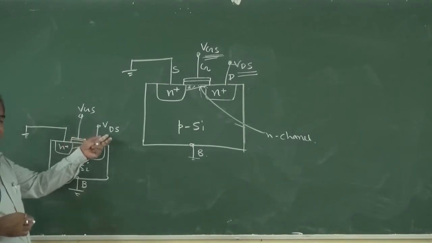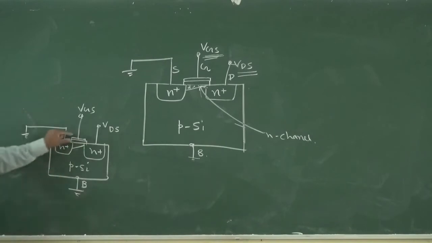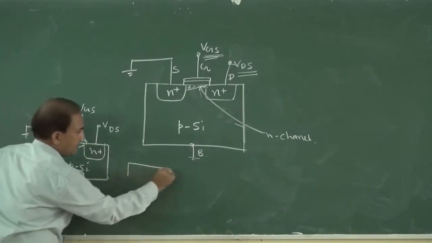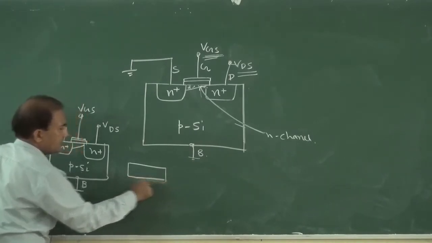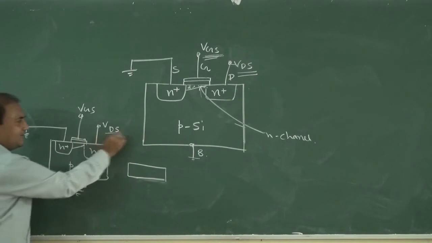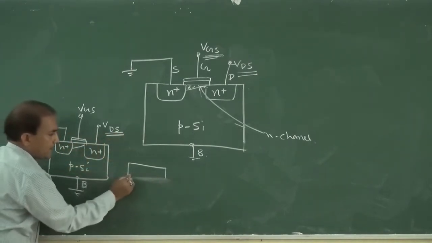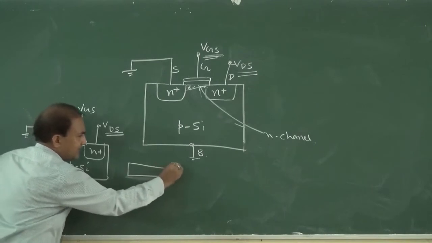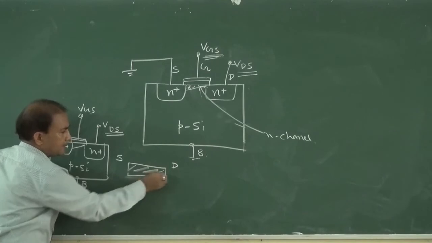If we are increasing this VDS, then the channel depth towards the drain terminal starts decreasing. See, earlier channel is like this. Now if VDS is increased, then this depth towards the drain, this is towards the source, and this is channel region.